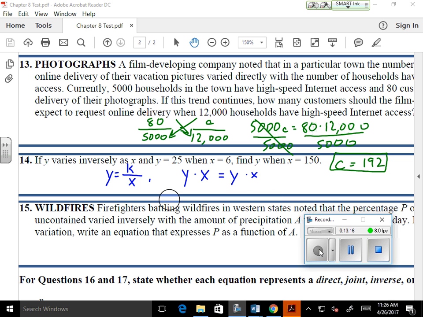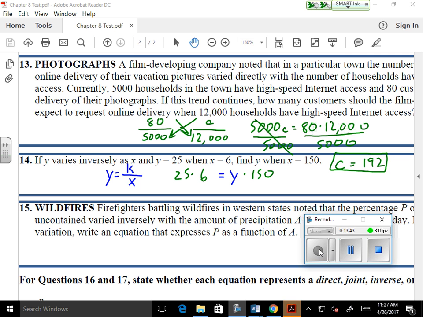And we plug in the numbers from the two situations. So in the first situation, y is 25 when x is 6, and we want to find y when x is 150.